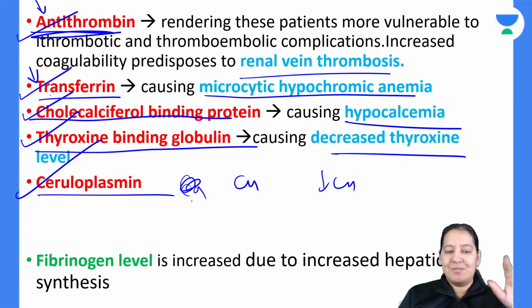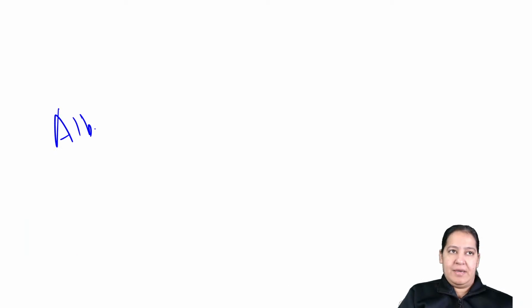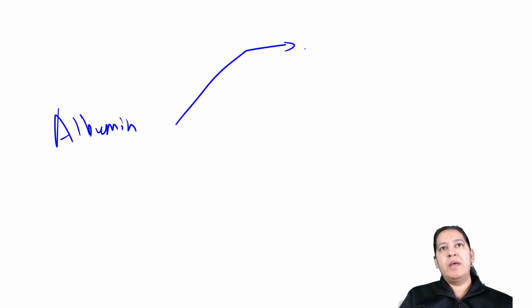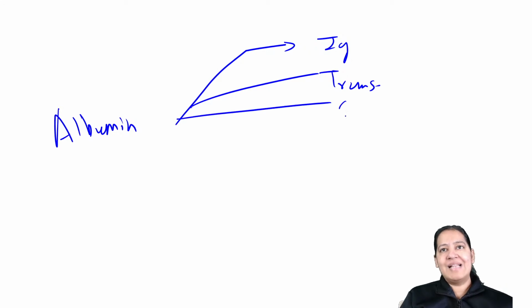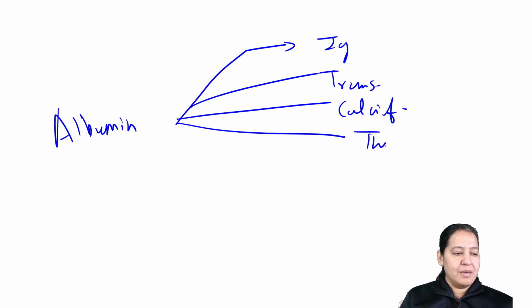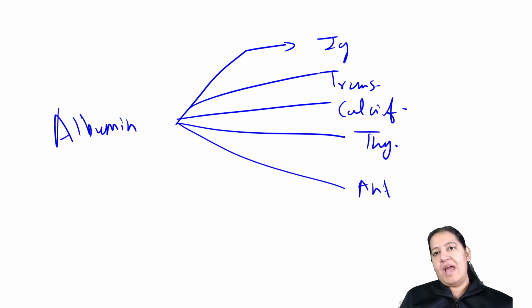So all these proteins, can you name them? The main one is albumin. Apart from albumin, it is immunoglobulin, transferrin, calciferol binding protein, thyroxine binding protein, and antithrombin.